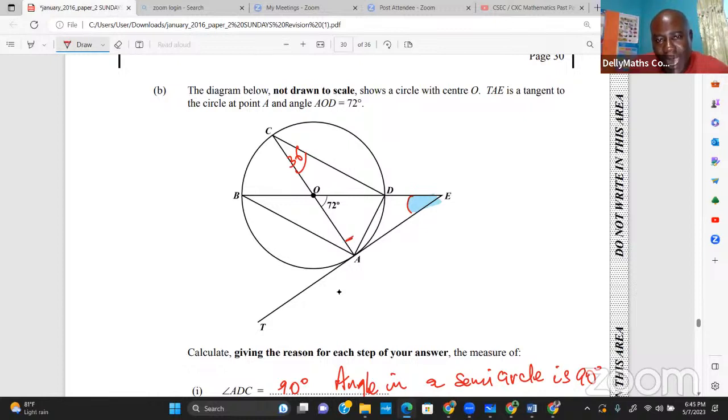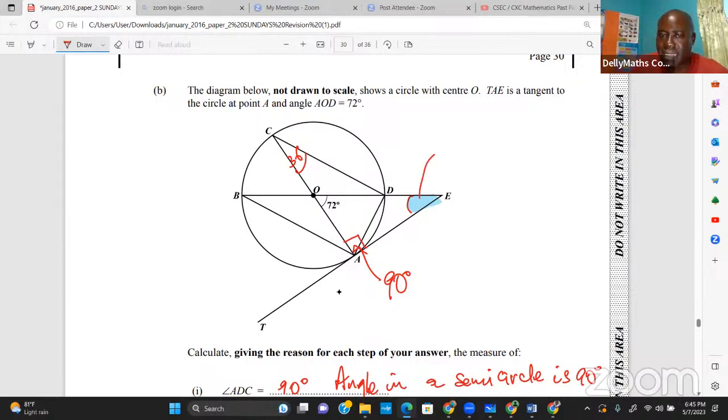Now, when a diameter meets a tangent, everybody remember what that is? Diameter meets tangent at 90 degrees. If you remember that piece, you're nice. If you don't remember that, you're going to struggle. Let me write it back. When a diameter or radius meets a tangent, you get 90 degrees.